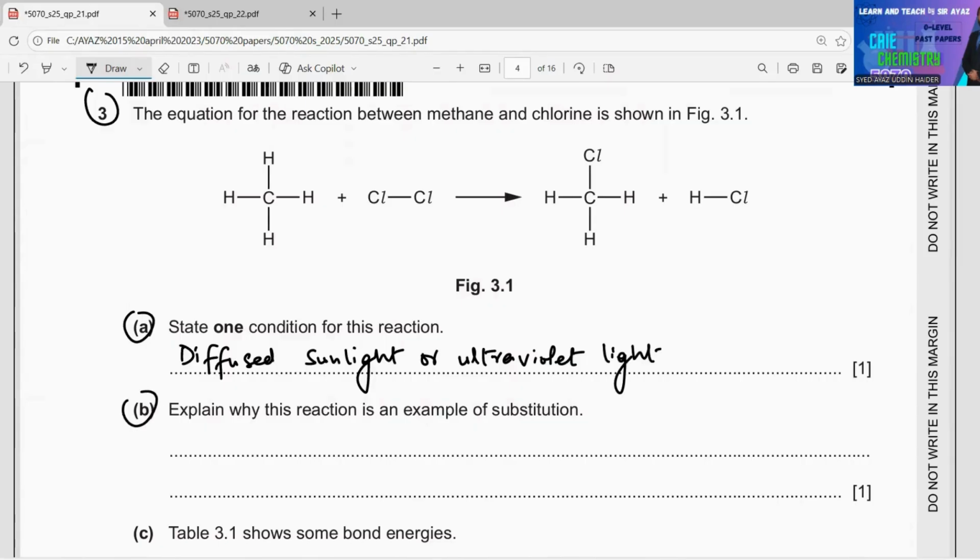Part B, explain why this reaction is an example of substitution. If you look at this reaction, chlorine is replacing this hydrogen.